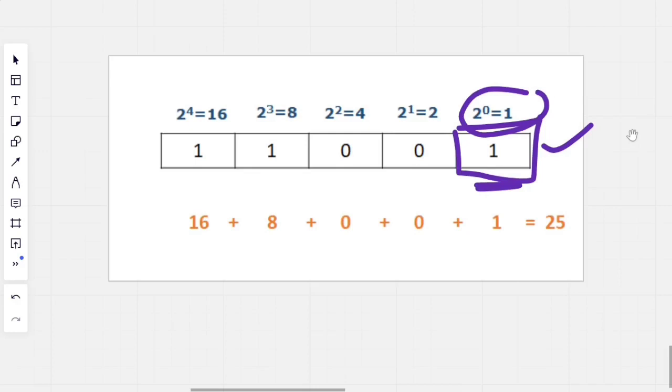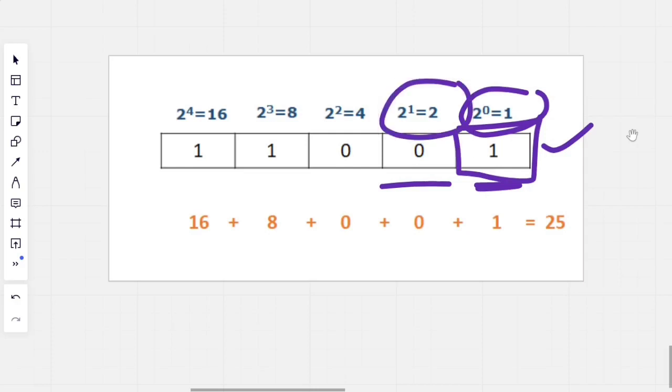Okay, let's move on to the second box. Inside we have 0, and above that we have the weight 2. Why? Because this is the second box, and the first box was 2 raised to power 0, so this has to be 2 raised to power 0 plus 1, which is 2 raised to power 1, equal to 2.